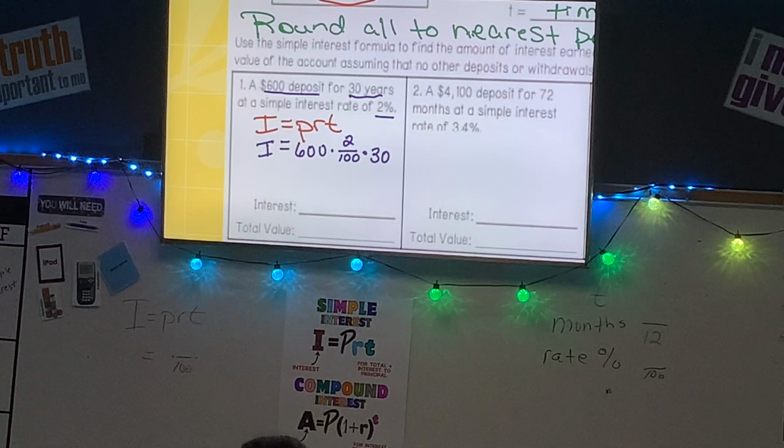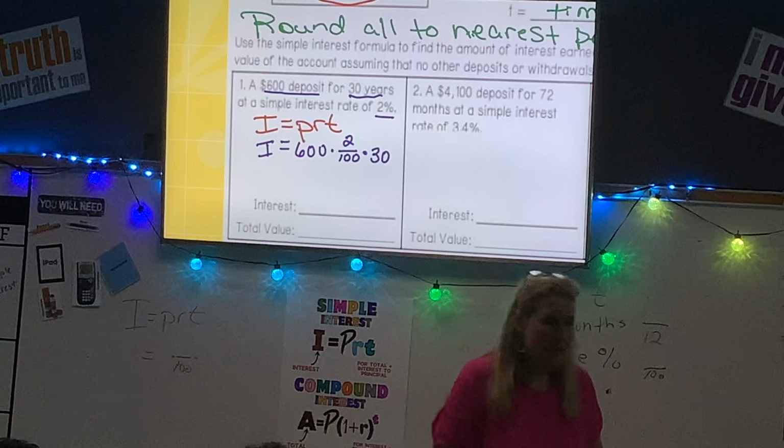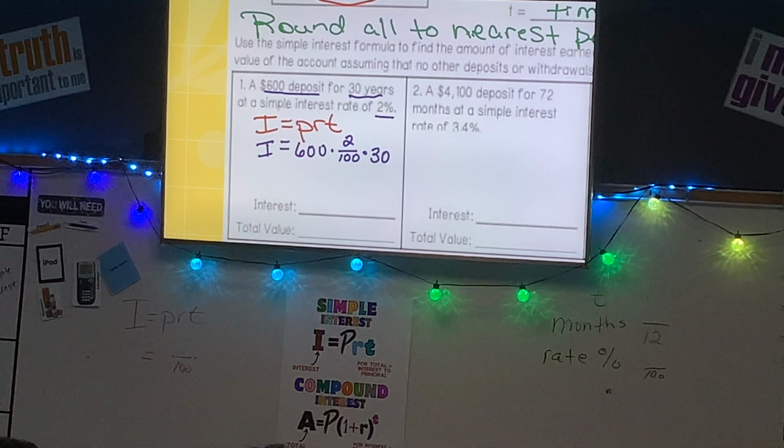Since this is just a nice, normal problem, we're going to go to our normal calculator. Nothing hard. And we are going to put in 600 times 2 over 100 times 30.